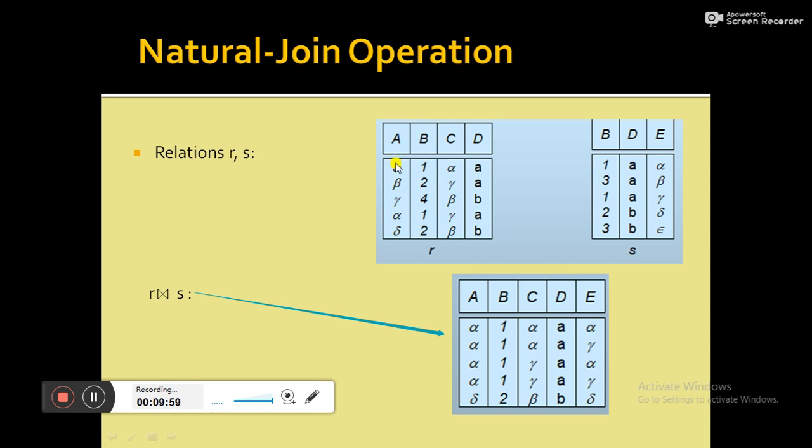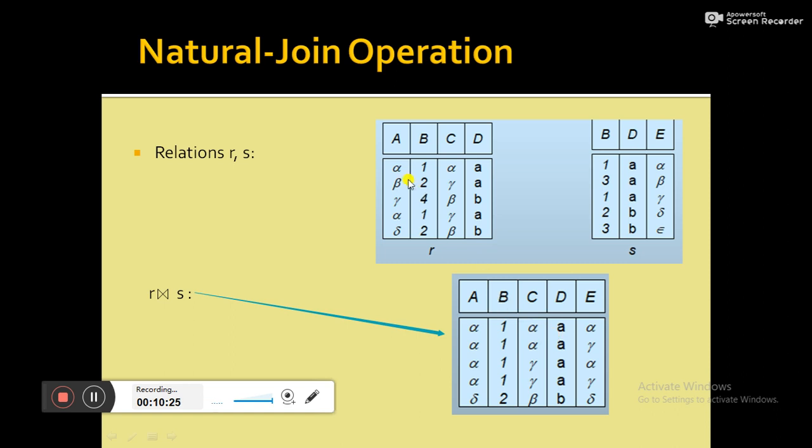So this record is matching with that record. So this tuple will be selected and will appear here. So alpha 1, alpha A and alpha will be selected and appear here. The repeating group, the B, D, is repeated in R and S, so the repeating group appears only once.